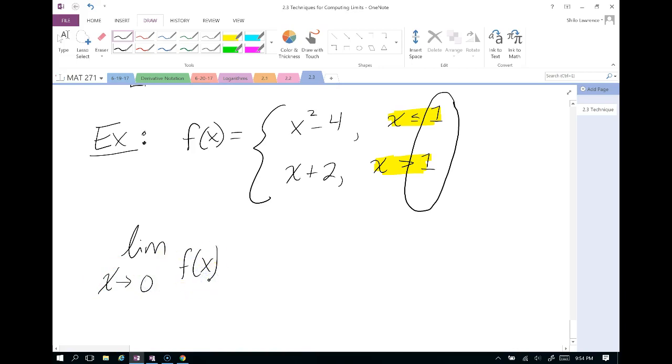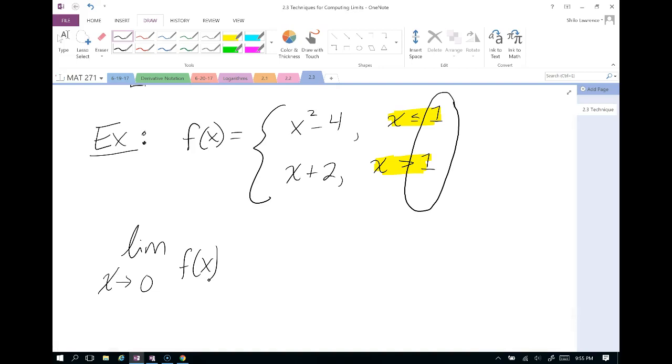Now, we don't have to approach 0 from really far away. And back in the definition, in an earlier section, we said the limit is when we get arbitrarily close to 0. So there's really no set definition of how close or how far. It's just in the neighborhood of 0.